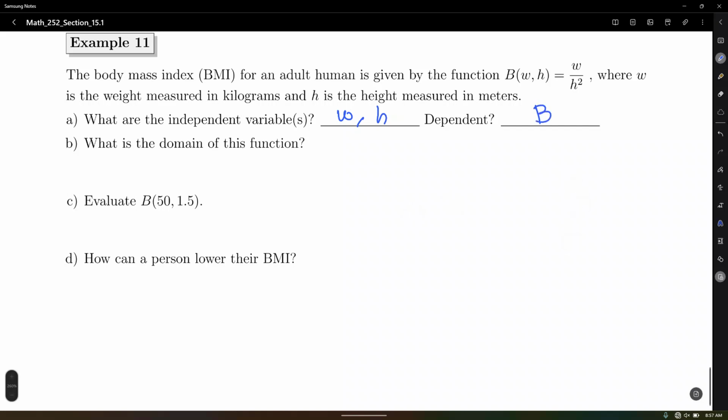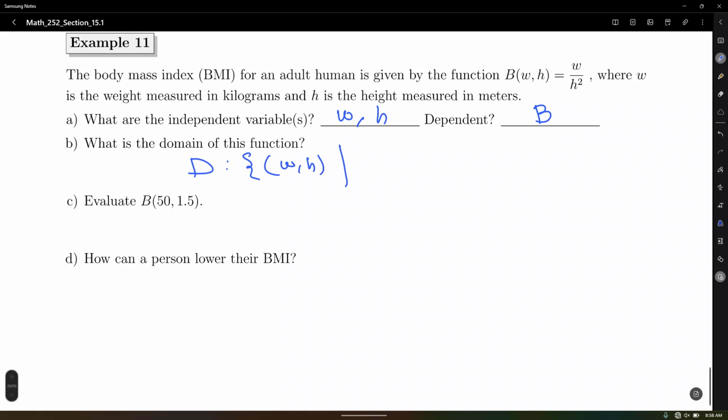Now, what is the domain of the function? In the numerator for W, you have a polynomial, right? Apparently, no restrictions to it, because it's a polynomial. However, in our context, it may have some restrictions. So, domain, all the ordered pairs, first of all, not x, y, but w, h, such that, what about w?